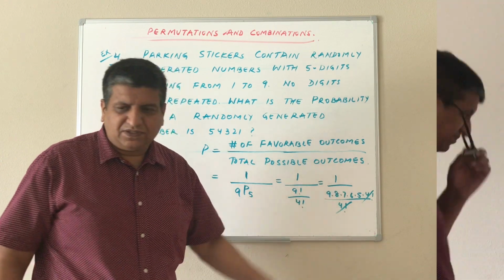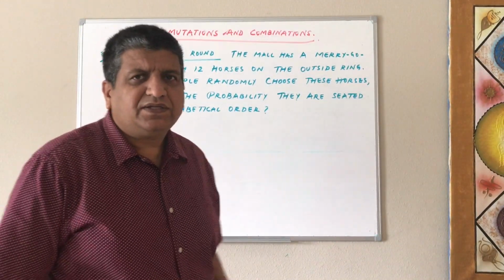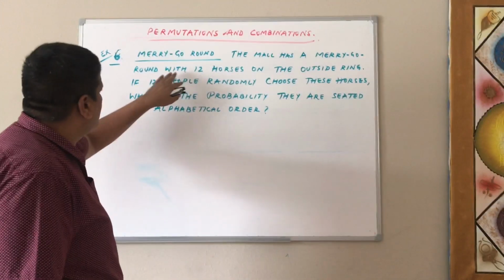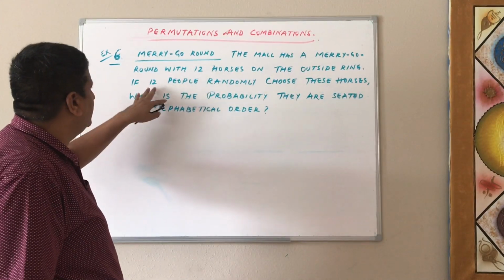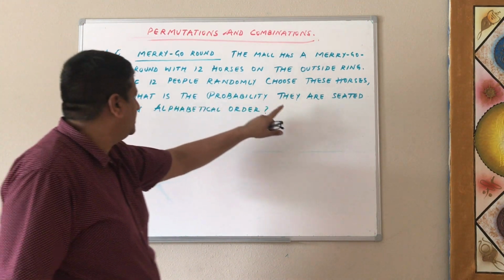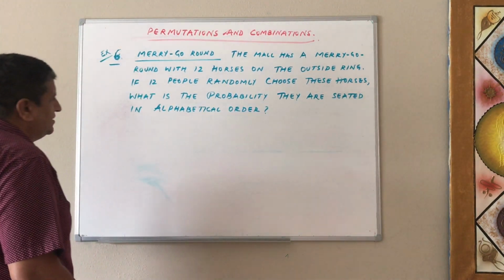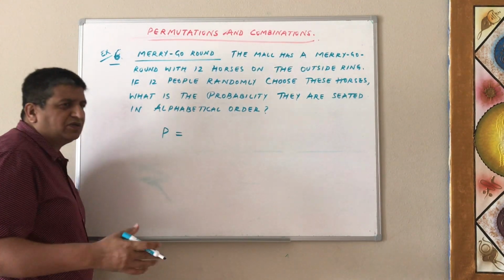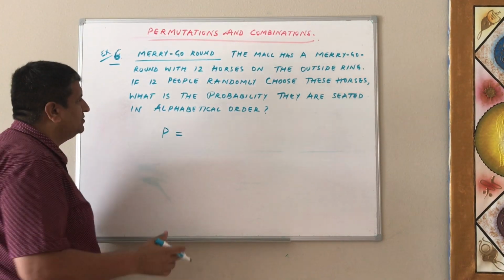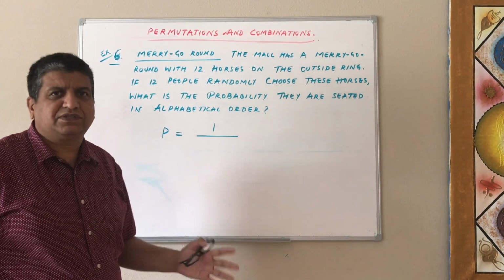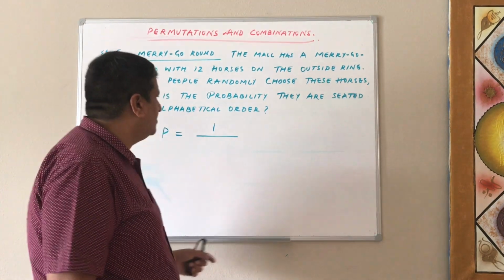And that should give you the answer if you multiply these numbers. So here is another question. The mall has a merry-go-round with 12 horses on the outside ring. If 12 people randomly choose these horses, what is the probability they are seated in alphabetical order? So probability is the number of favorable outcomes divided by the total possible outcomes. There is one such possibility that they will all sit in alphabetical order.